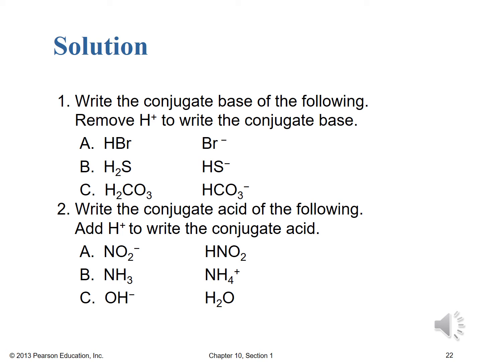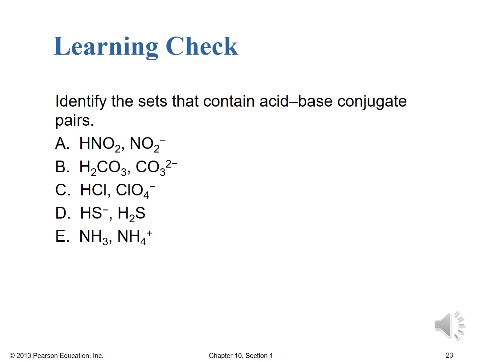And you're doing well. If that's not the case, please do try some additional practice. And if you're still struggling, then certainly reach out to me for guidance. And guess what? You didn't have to wait very long for some extra practice. Here's another learning check. In this learning check, you're going to identify the sets that contain acid-base conjugate pairs. So look at A, B, C, D, E. If they all contain conjugate acid-base pairs, then great, you select them all.